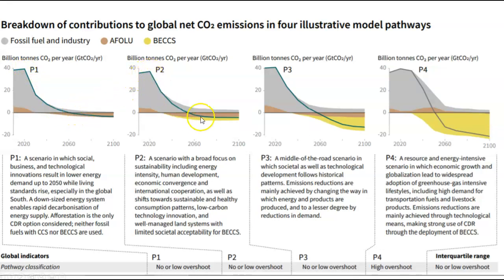If we start later, the more we require to use these or similar technologies like bioenergy with carbon capture and storage. The later we start, the more emissions we produce before we get to this point, so the more we have to invest in negative emission technology.